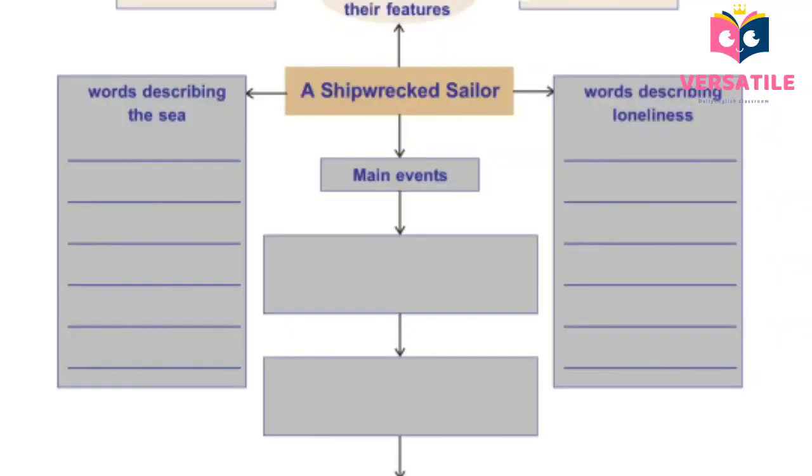Then on the left side, we have words describing the sea. There you can write the words that you find from the story that describe the sea, words that are talking about the sea. You can write those words one by one in that list.